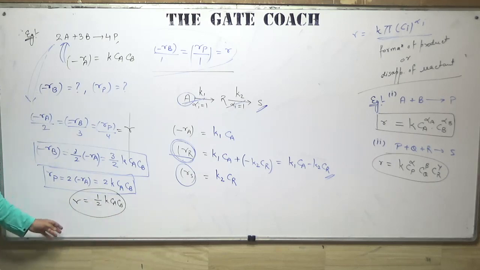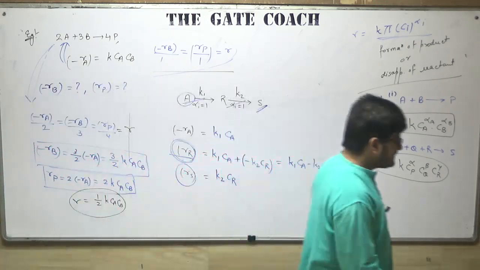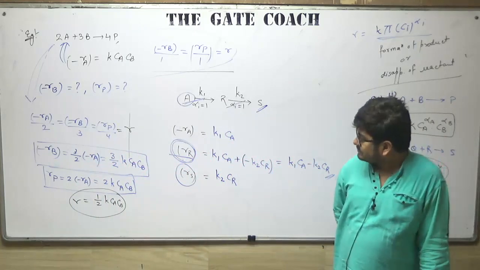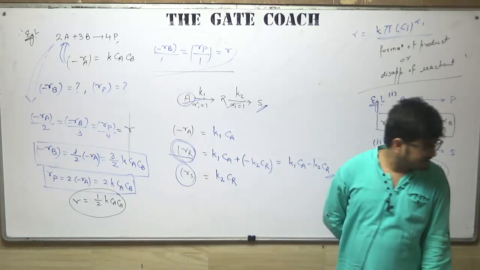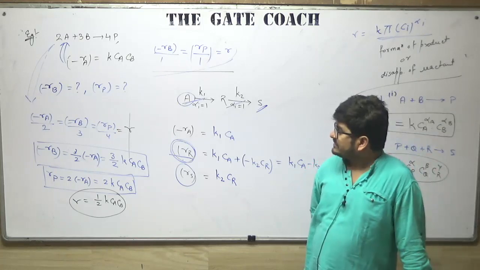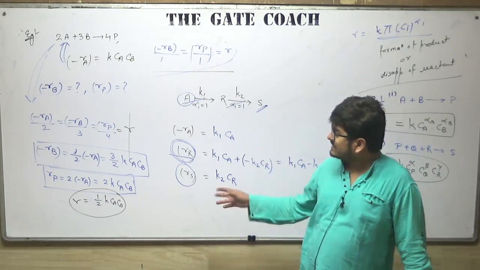That is the rate of reaction. Okay. So I hope it is clear again. So guys, minus rB is 3 by 2 K Ca Cb.